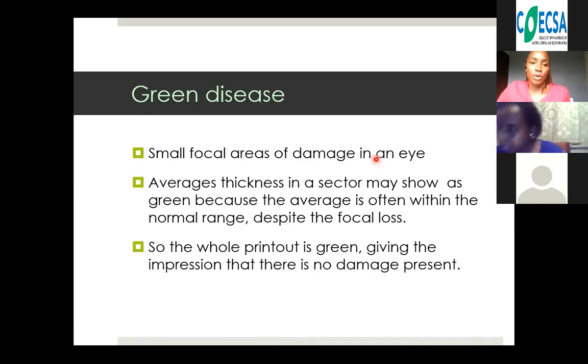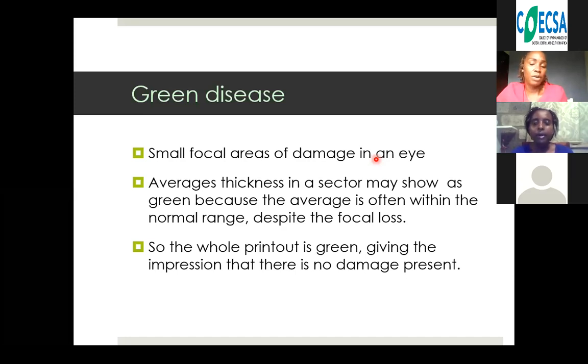So moving on, let's look at green disease. In some patients, they have little focal areas of damage from glaucoma, especially patients with very, very early glaucoma. So you find that the machine, it's mathematical, will take the average thickness in each sector, and since it's just a small focal area, the average may be normal.